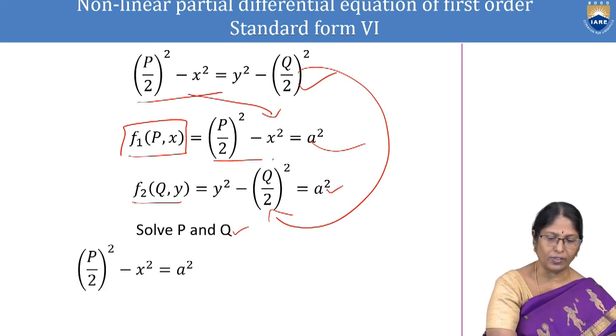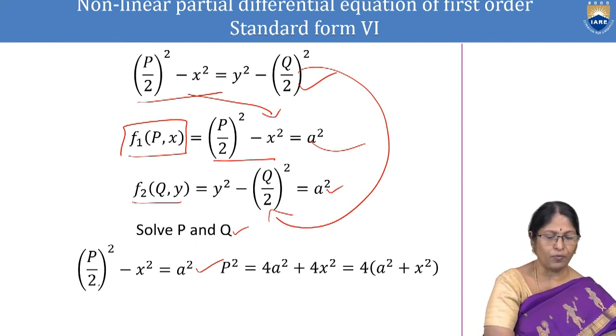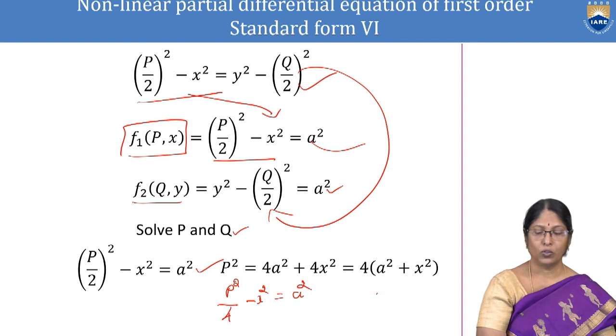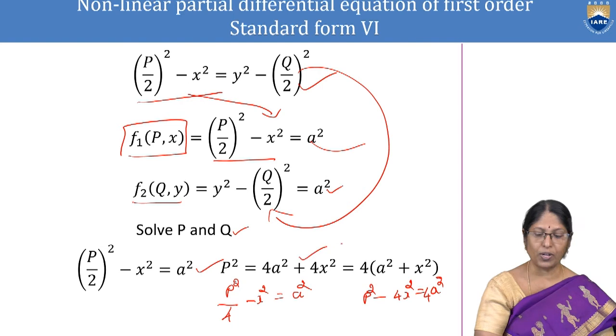We have to solve for P and Q. So it is written here: P square by 4 minus x square equal to a square. So P square minus 4x square equal to a square. This 4 also comes here, so 4a square.